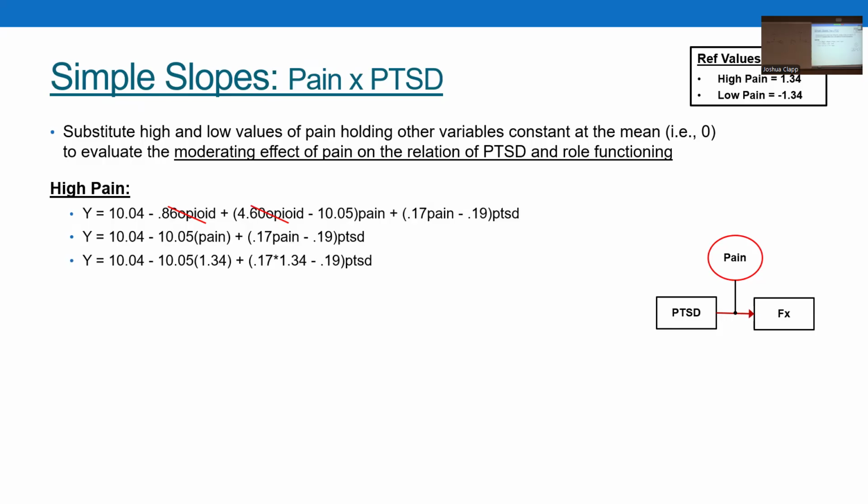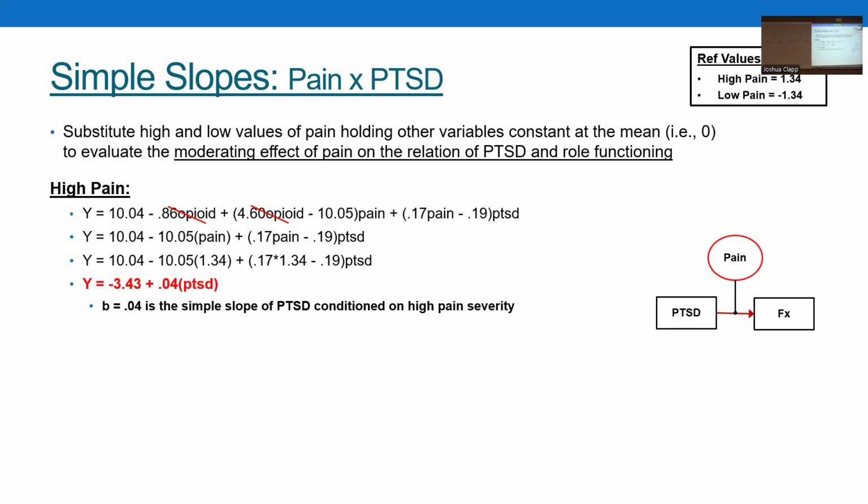What I'm going to do is plug in the high pain value, 1.34. Anywhere there's pain, I just plug in 1.34. And running this out gives my simple slope for PTSD. So I've got my intercept here, negative 3.43, plus 0.04 PTSD.